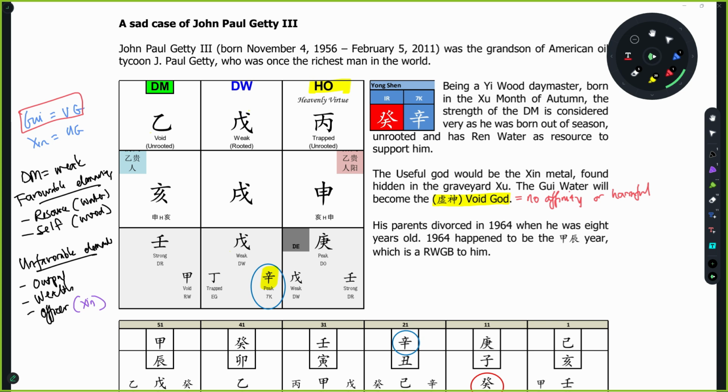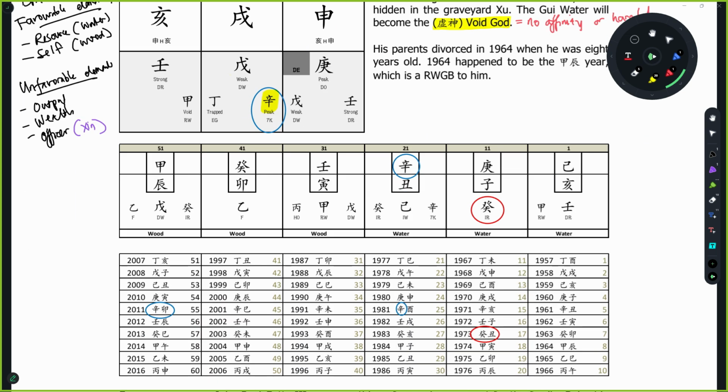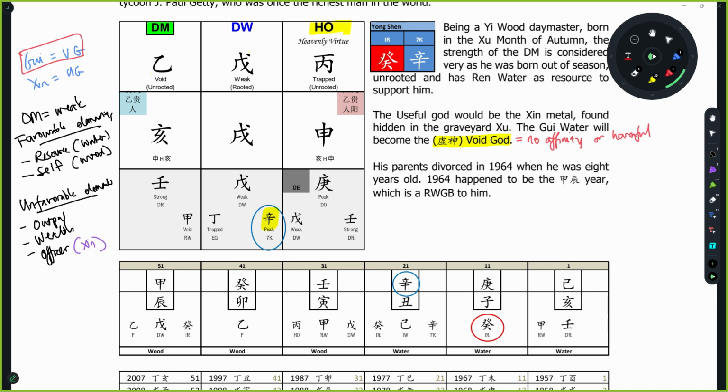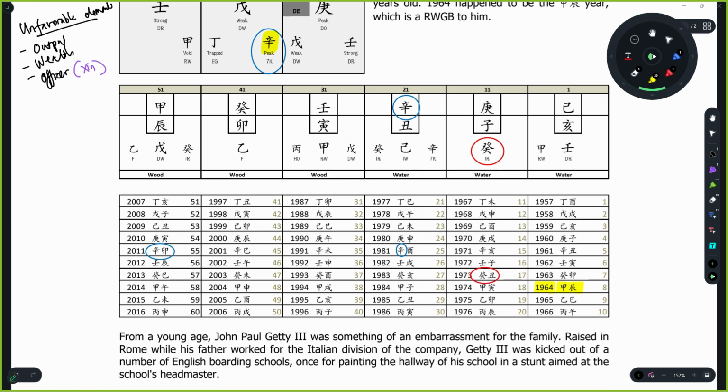And so let's take a look into how the life of this person has come to pass. When in a way we see that his parents divorced in 1964 when he was 8 years old. So we take a look into the year 1964. 1964 is the year of Jia Chen, the year of the Rockwell good blade, because yang wood sitting on yang wood is the Rockwell good blade to the Yi wood day master.